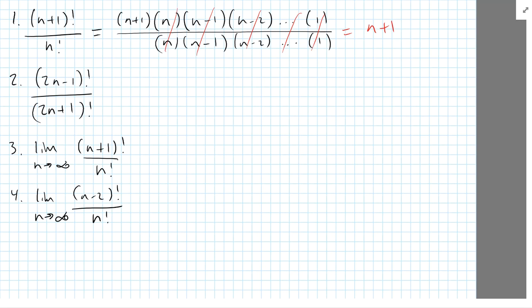Now, when you do the next one, it's a little trickier. So you start with 2n minus 1, and you're going to keep subtracting 1 from that, whatever that number is.